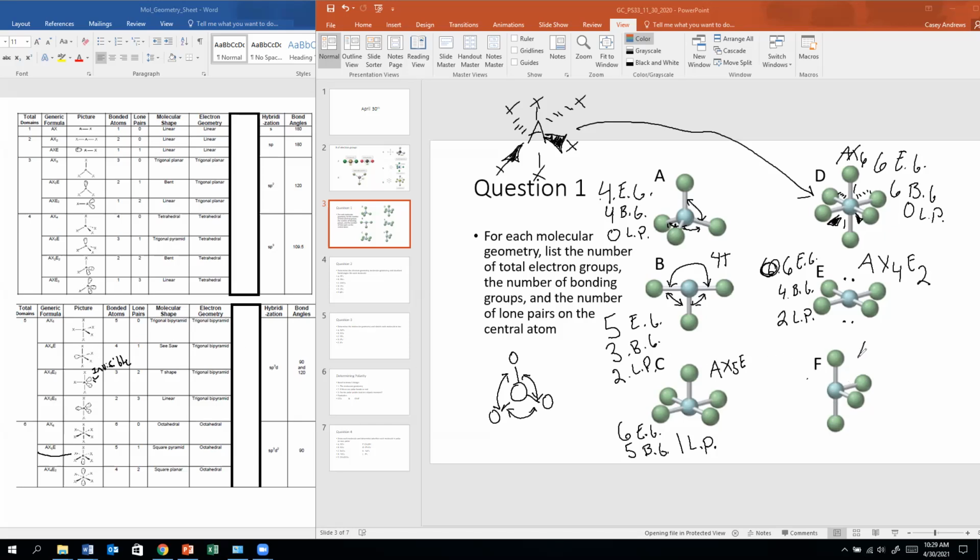So this would be an Ax4E, and Ax4E has 5 total electron groups. It has 4 bonding atoms, so 4 bonding groups, and 1 lone pair. So that is how we can use our sheet to the left here in these images to figure out bonding groups, electron groups, and if we wanted to, molecular shape and the electron geometry.